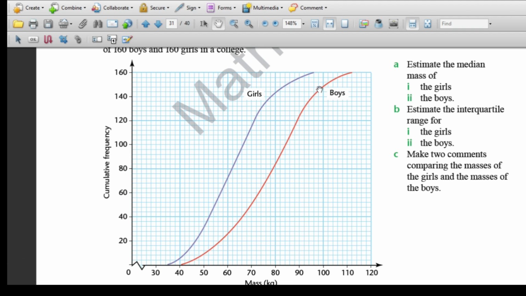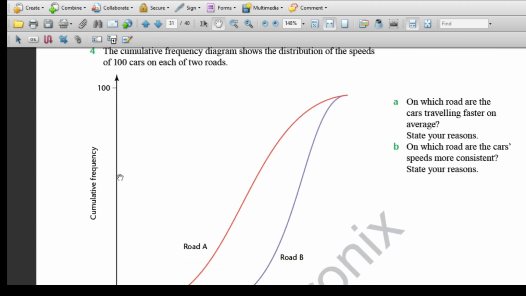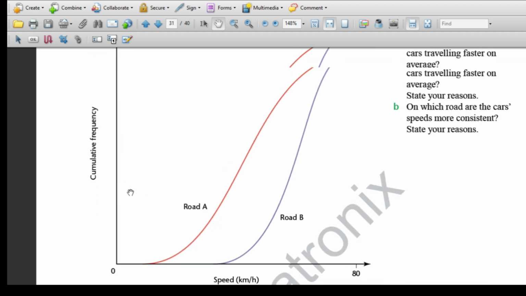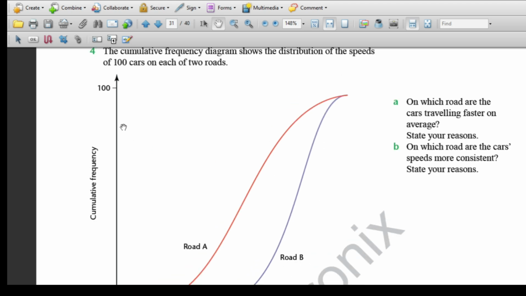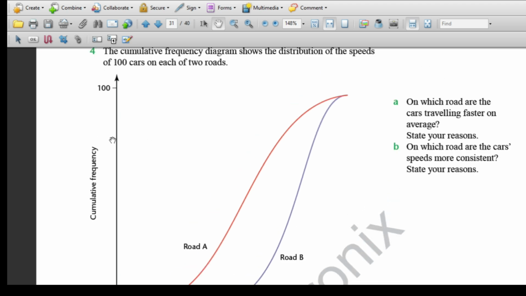Here we can read the speed at 25 and at 75. Similarly for this one, at 25 and at 75.